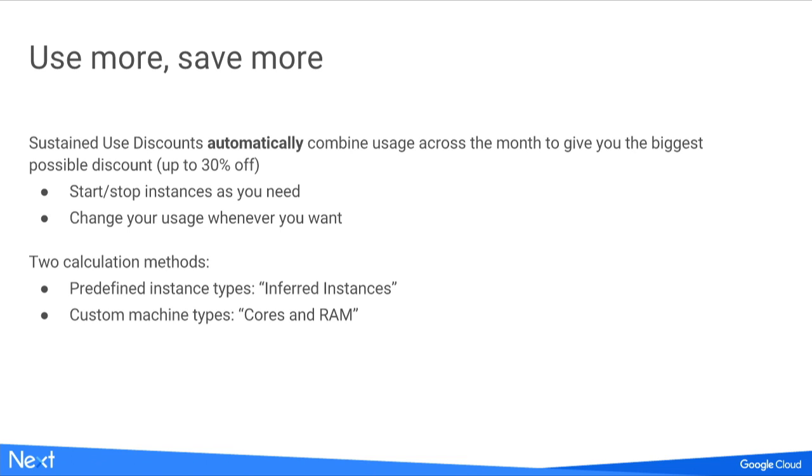When we launched custom machine types, the concept of inferred instances got a little complicated, because with custom machine types, you can essentially have thousands of different shapes of machines. Inferred instances combines together usage of the same shape, but now with custom machine types, you won't have the same shapes. So what we do instead is we look at the total chunk of CPUs and RAM that you use throughout the month, and we give you a similar discount for sustained usage.